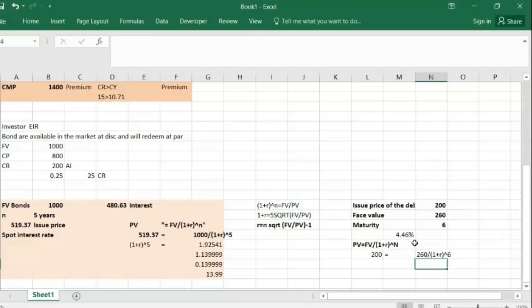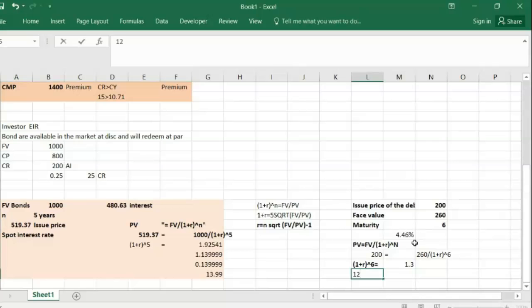So 1 plus r to the power 6 is equal to 260 divided by 200. So 1.3 is the existing relationship between the future value and the present value.